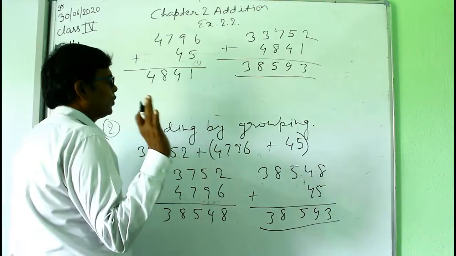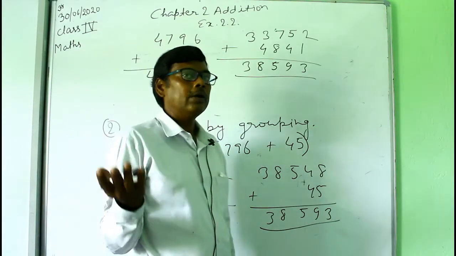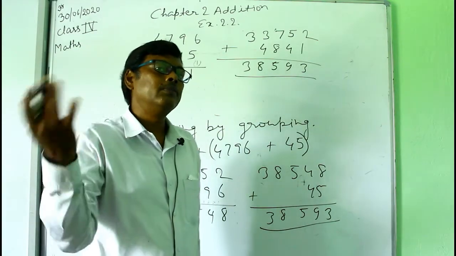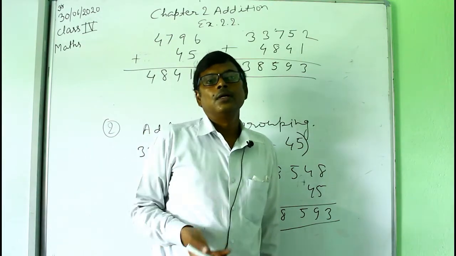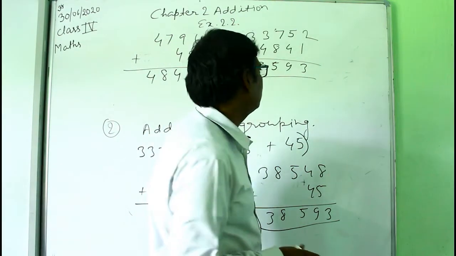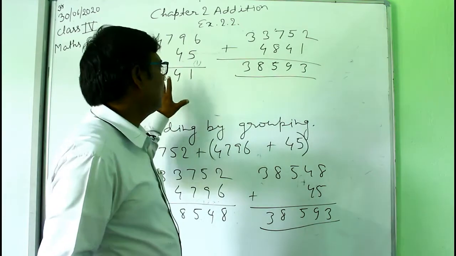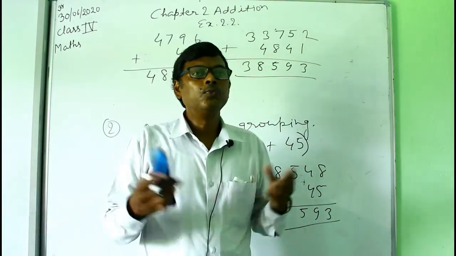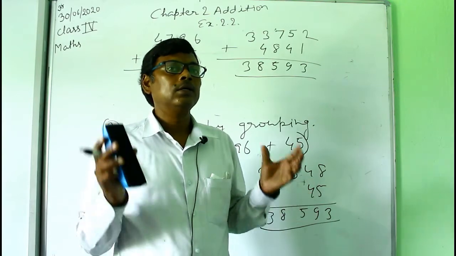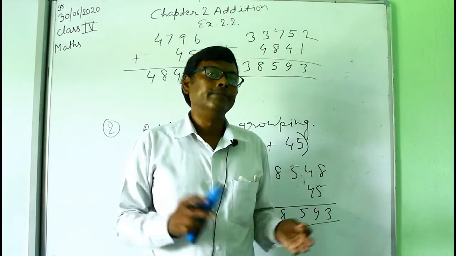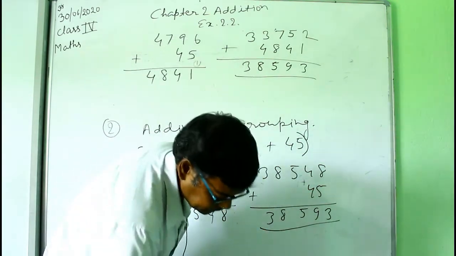If you have 4 numbers, then you will have more groupings. But just learn that when you regroup the given numbers, the sum will remain the same. So this is the property.